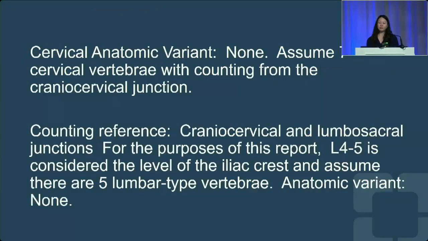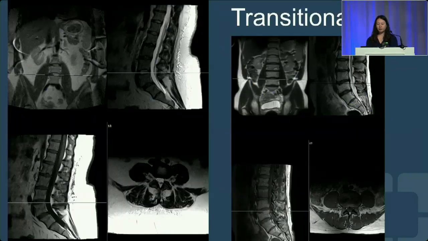Counting reference is very important for us and the neurosurgeons or the proceduralists because there's a lot of variation. We want to be able to make sure that we're consistent between our reports for localizing a lesion. So sometimes you can get like a transitional S1.